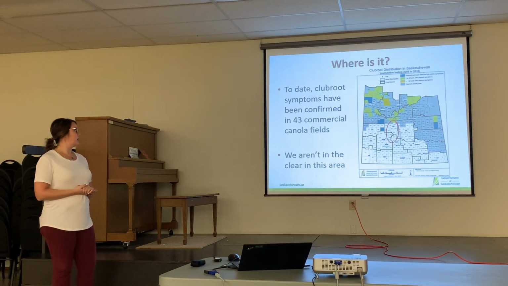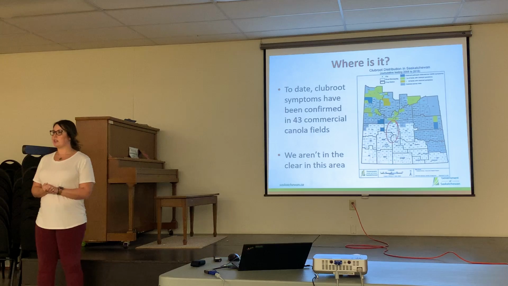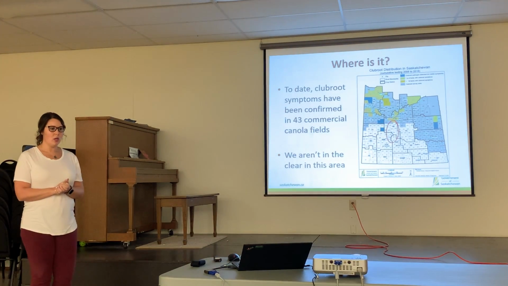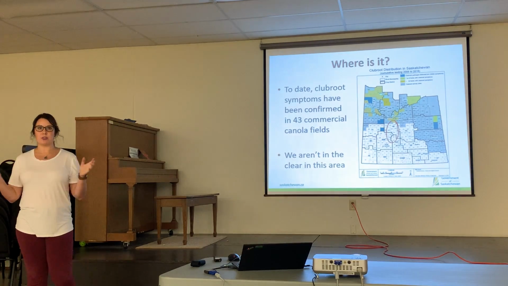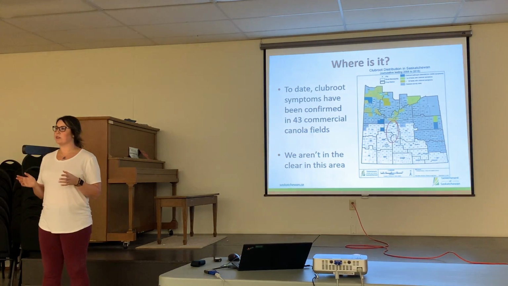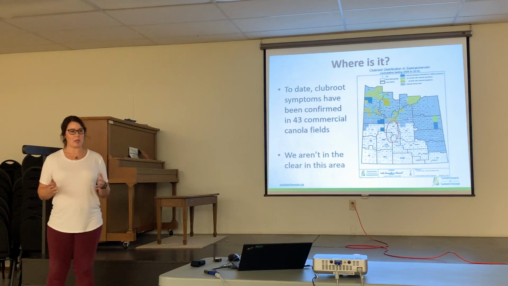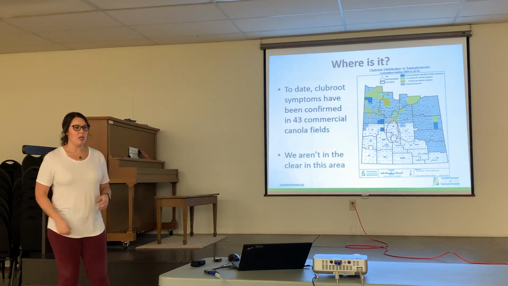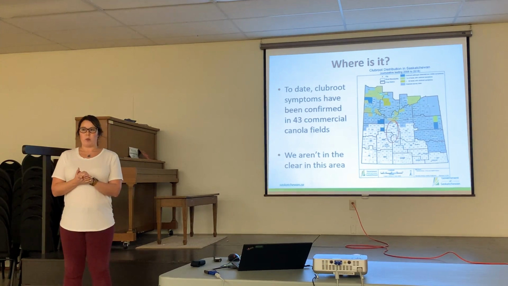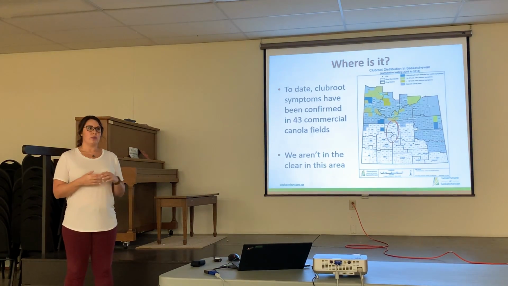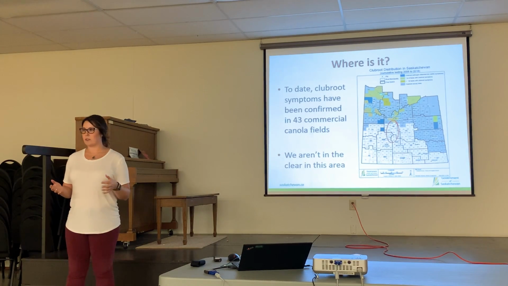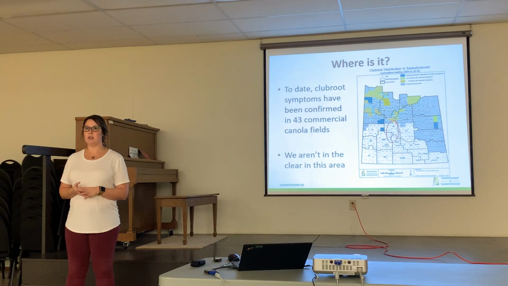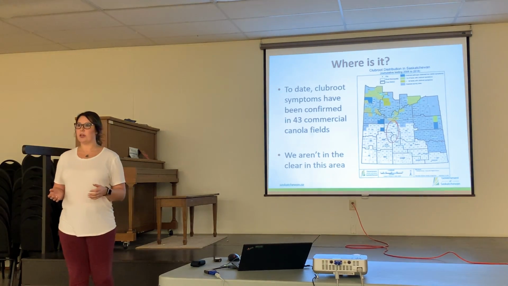So know that we're not in the clear here around Outlook. We didn't have the official survey come through the area, but I did survey a few fields. It hasn't been confirmed, but again, that doesn't mean that it's not here. We are at a much higher risk for clubroot in the area, mainly because of irrigation. So it's leaving our soils wetter for longer.